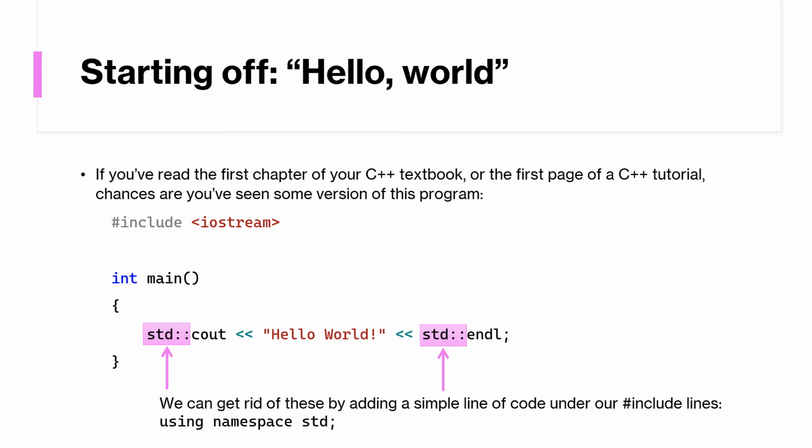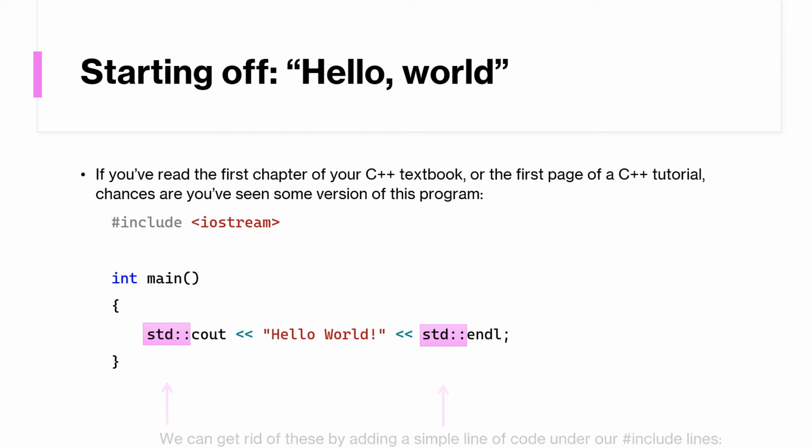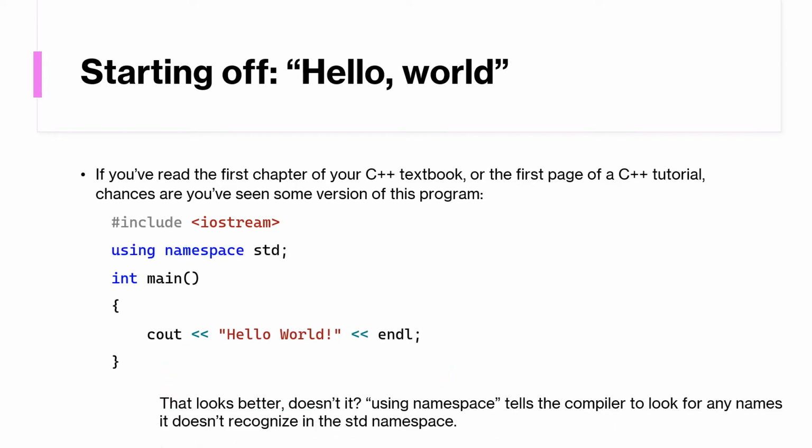We can get rid of these standard colons by adding a simple line of code under our pound include lines, the line using namespace standard. So let's go ahead and do that. There it is. That looks better, doesn't it? Using namespace is a set of keywords that tells the compiler to look for any names it doesn't recognize in the namespace that you provide.